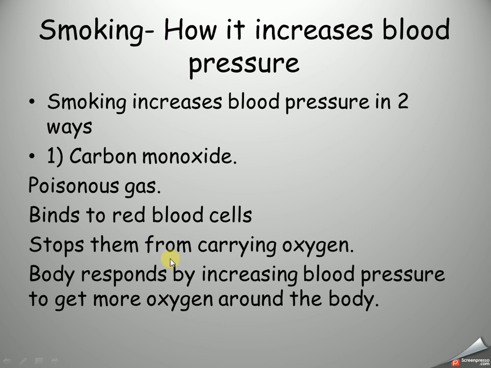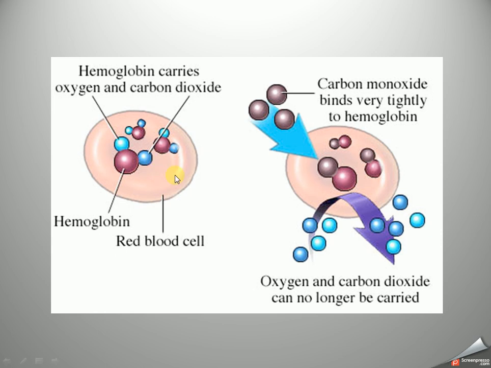Now, your body detects the fact that your red blood cells aren't carrying as much oxygen, so it responds by increasing your heart rate. And if it increases your heart rate, basically beats faster, that's going to increase your blood pressure. So this carbon monoxide limits how much oxygen you can carry, and your heartbeat beats faster, increasing your blood pressure. And this is a diagram showing that.